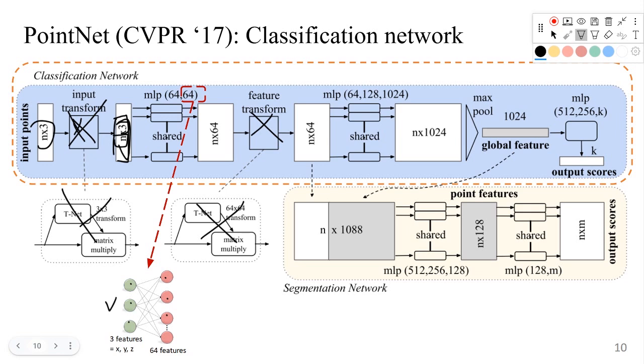So we just have fully connected layers that connect this input 3 to these 64 features. After the fully connected layer, we have the activation functions and also normalizations. Basically, those are the building blocks of the MLP, multi-layer perceptron. And we call it shared because we apply the same weights of this MLP to every other point. So this is only for one particular point. We have n here, for example, 1000.